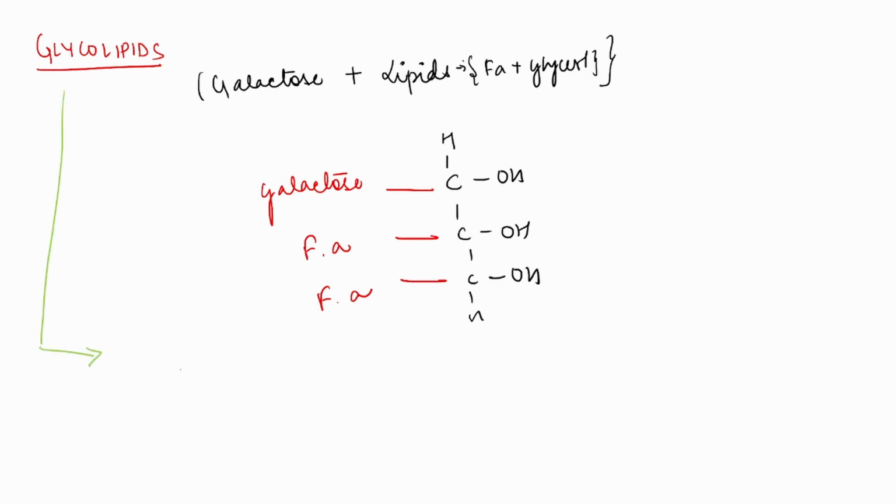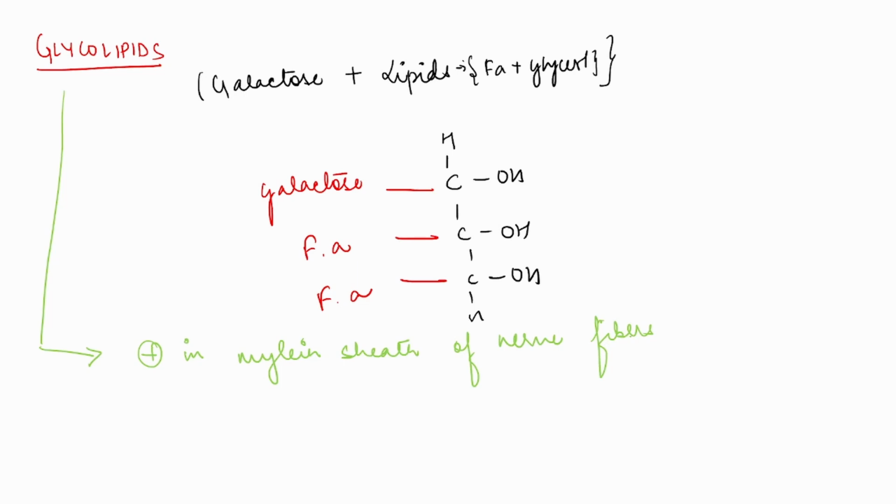Where are these glycolipids present? They are present in the myelin sheath of nerve fibers, right?